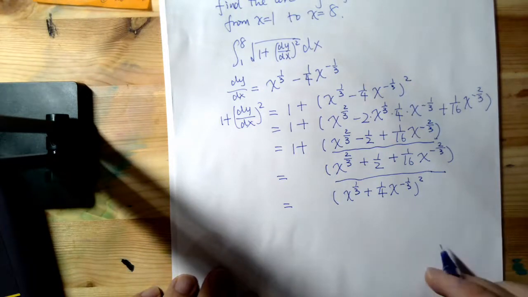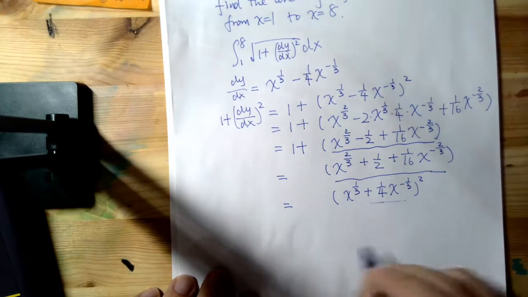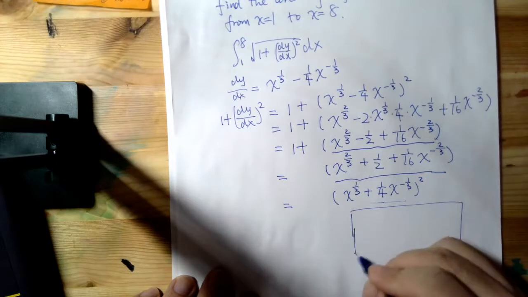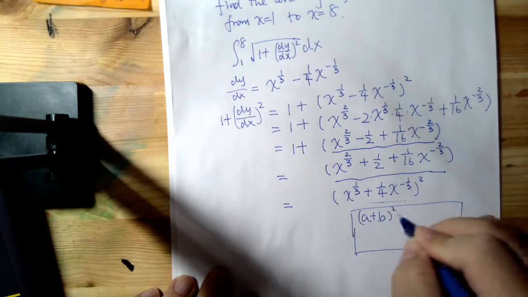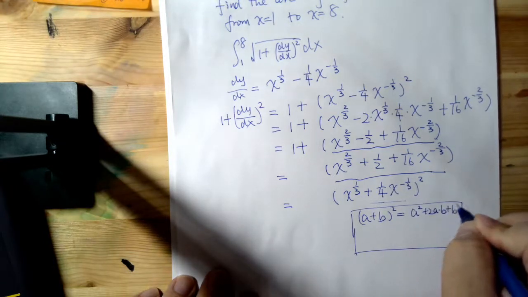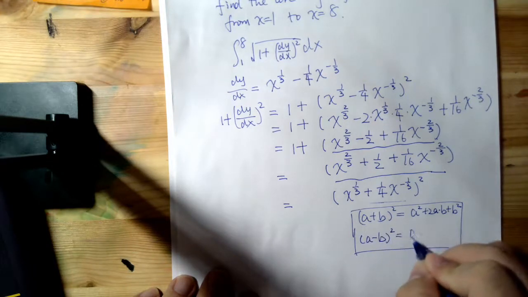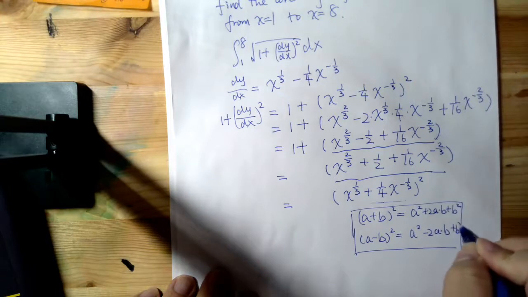And then the other thing is, how do I identify this? There are two simple formulas here. If you have (a plus b) squared, you're going to have a squared plus 2 times a times b plus b squared. While if you have (a minus b) squared, you're going to have a squared minus 2 times a times b plus b squared.